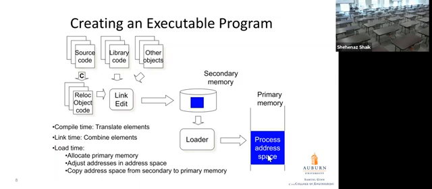As part of that loading process, what the loader would do is replace these logical addresses that we have in the object code with the actual physical locations where the corresponding elements are being stored. So the loader has the opportunity to convert the logical addresses which are part of the object code to the actual physical addresses which are allocated to that particular process.